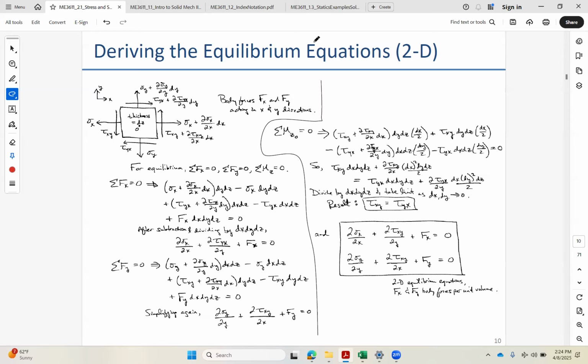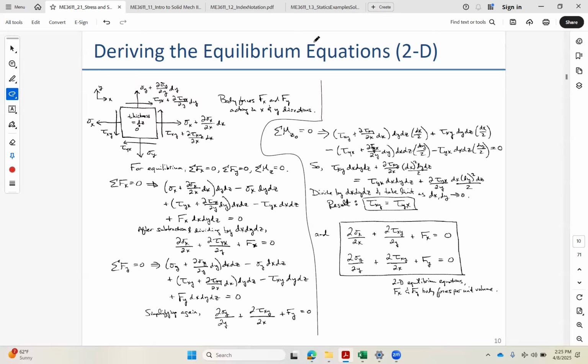So we've got sigma yy plus the differential times our top face, dx by dz. Then on the bottom, we got sigma yy times the same area, dx dz, that's a horizontal slice out of the page. And then tau xy on the front and the back face, the right and left face.